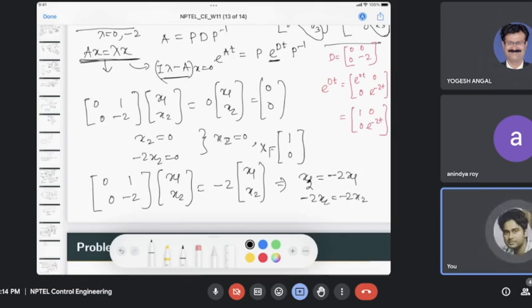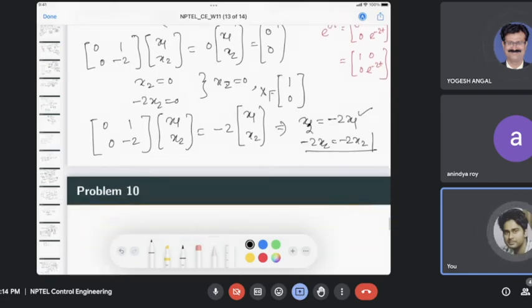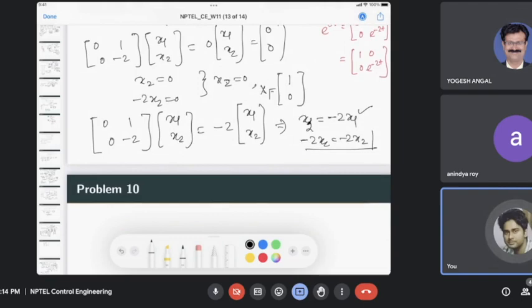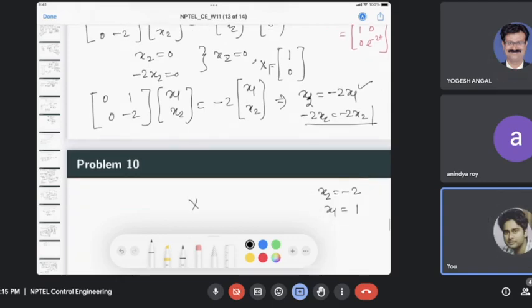So the second equation is actually trivial, and from the first equation we know the relation between x2 and x1. So we can arbitrarily pick x2. Let x2 equal to minus 2, then x1 equal to 1. The first eigenvector corresponds to lambda equal to 0. For lambda equal to minus 2, the eigenvector will be 1, minus 2.